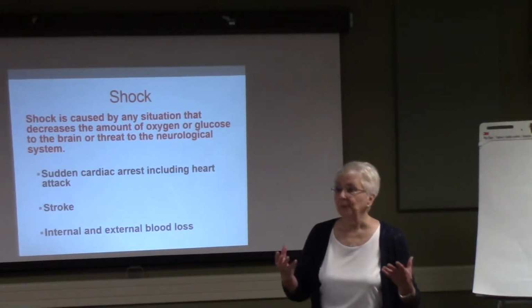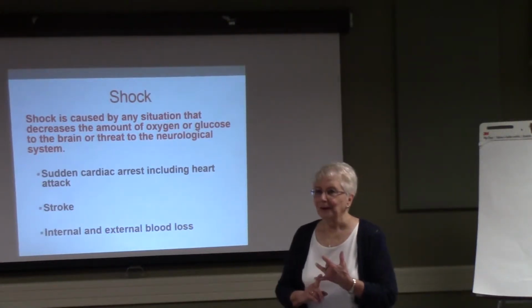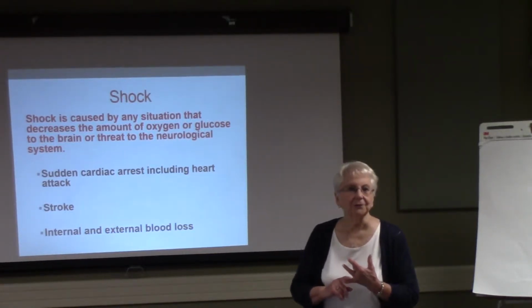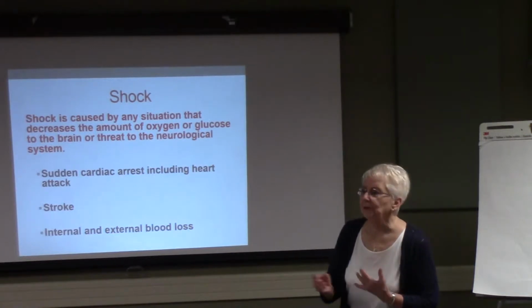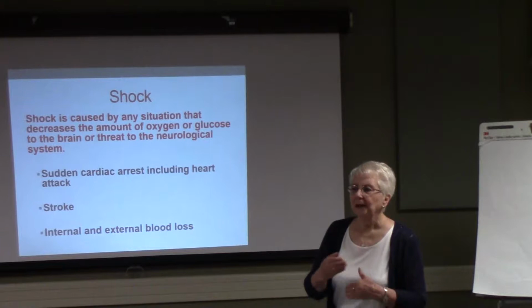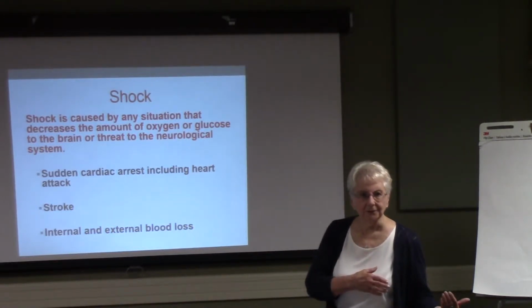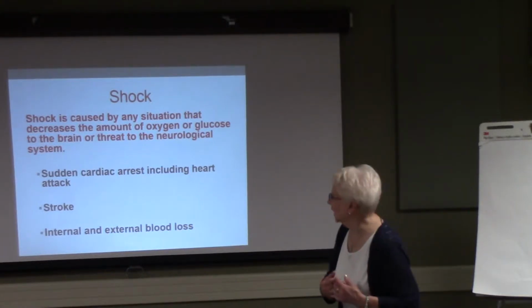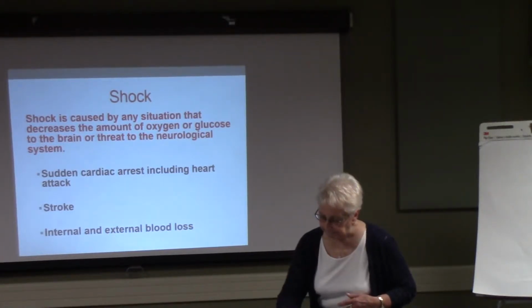It could be swelling. Remember, swelling is blood and fluid being someplace where it's not supposed to be. And when you take enough fluid away from the circulatory system, it can't carry enough red blood cells to the brain to make it happy. So that's why shock happens.